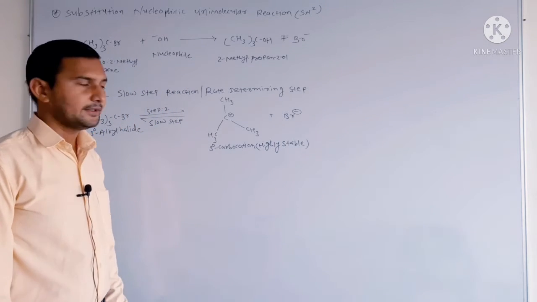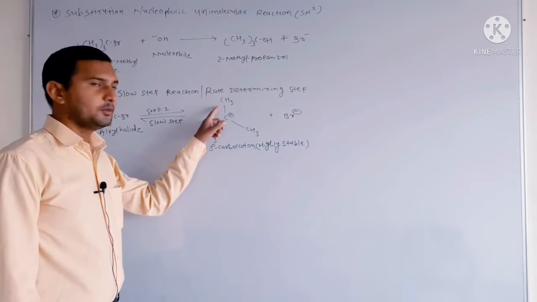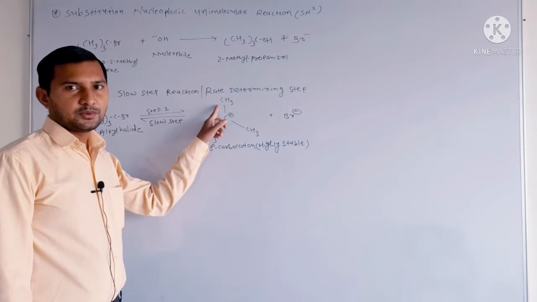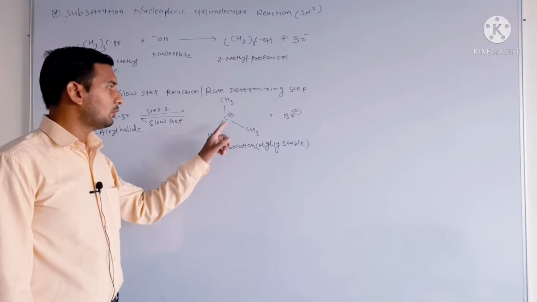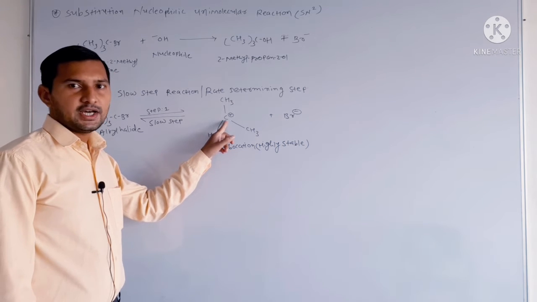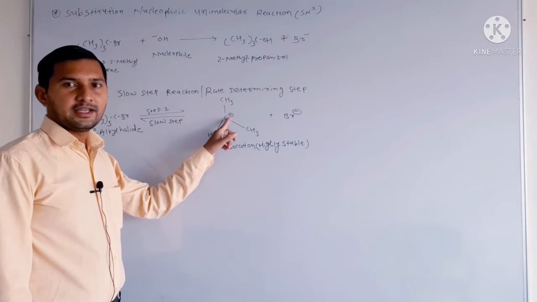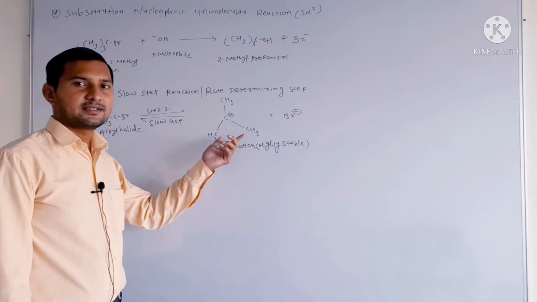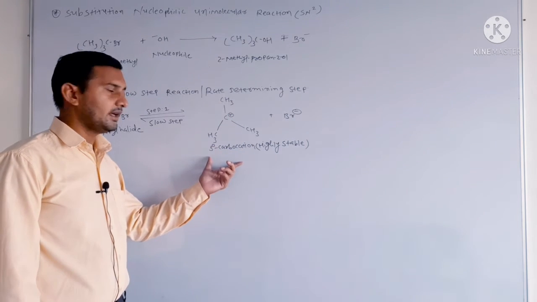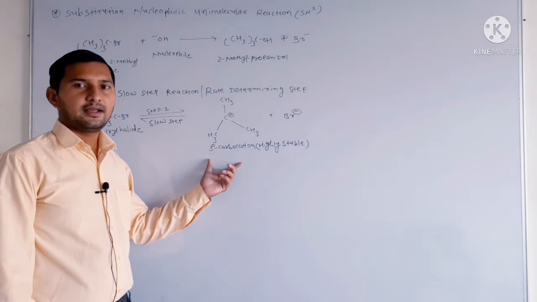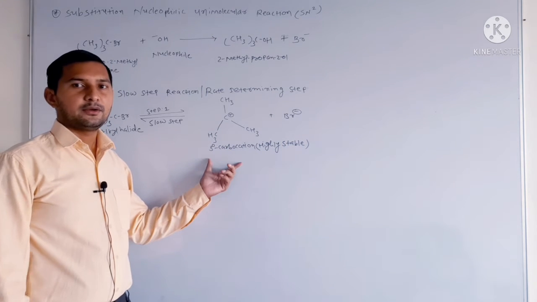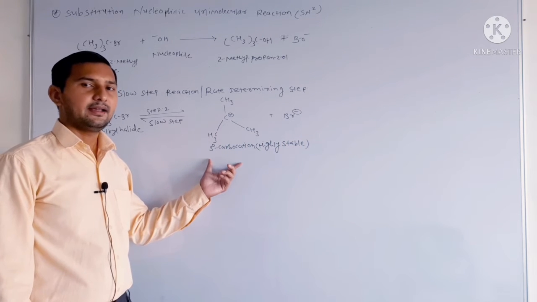We all know that each methyl group is an electron releasing group, so they donate electrons towards the carbocation. So the charge on carbon is dispersed and it is highly stable. Tertiary carbocation is always highly stable as compared to primary and secondary ones.